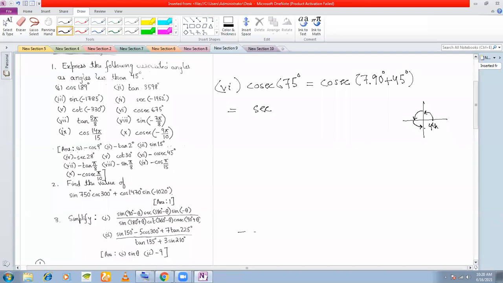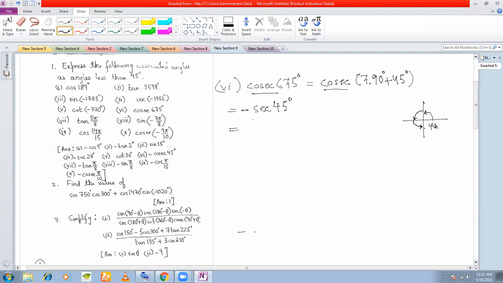In the 4th quadrant, only cos and sec are positive. Yes, sir. So if cos and sec are positive, here you have a cosec, which must be negative in this quadrant, the 4th quadrant, 45 degree, right? That's it.